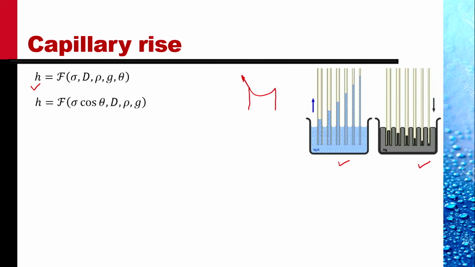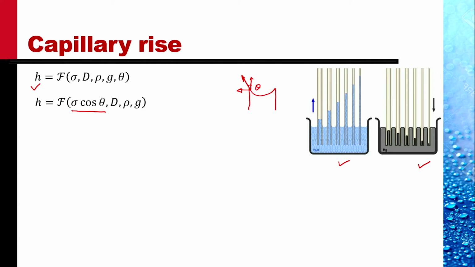The component of the surface tension force which is responsible for the capillary rise is the vertical component. This is the angle of contact. The horizontal component has nothing to do with the capillary rise. So it is not sigma and theta independently, but sigma cos theta that should enter our formulation.